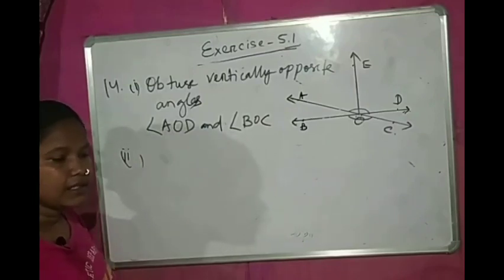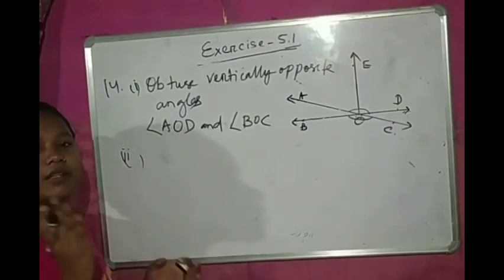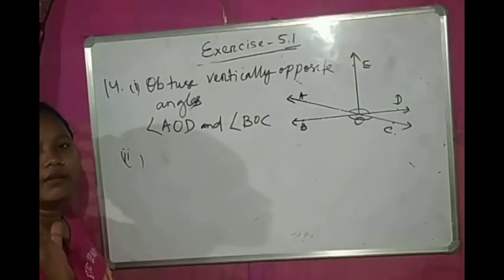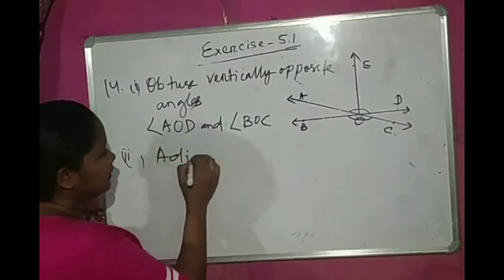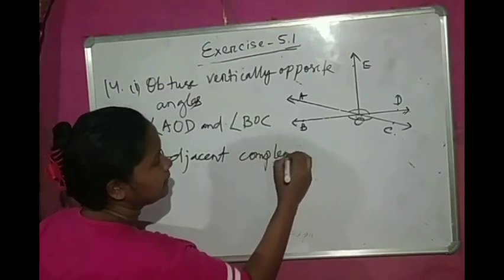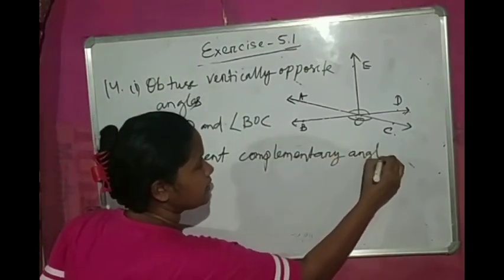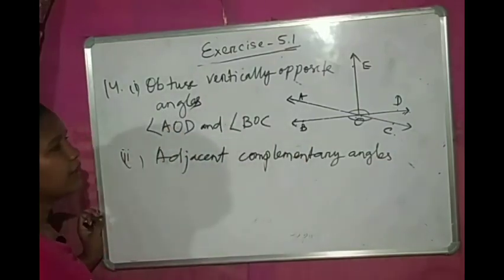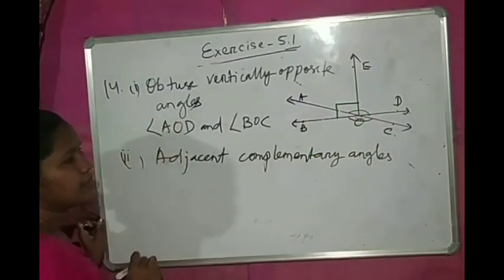Next, adjacent complementary angles. So complementary angles means what? If the sum of two adjacent angles is 90 degrees. Look here, where 90 degrees is formed.